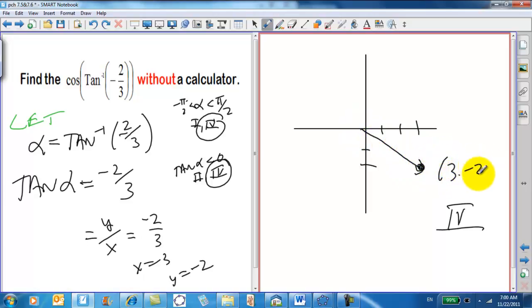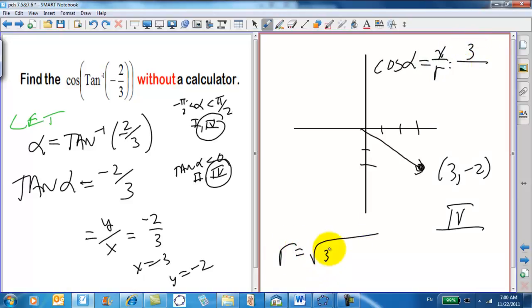And that's all you really need to figure out any of the trig functions, because the cosine of alpha will be x over r. So that would be 3 over, well, we need to figure out what r is, square root of x squared plus y squared. Square root of 9 and 4, square root of 13.